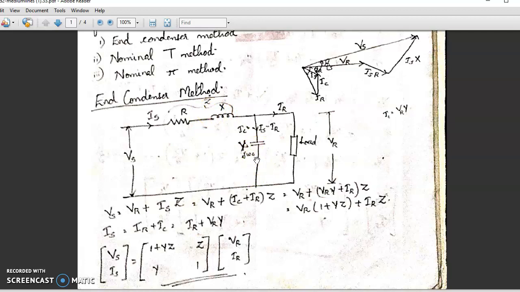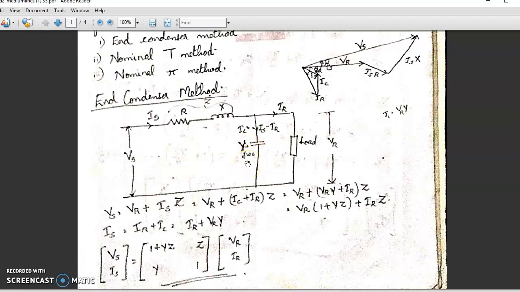Actually, it is 1 by Xc, where Xc is the capacitive reactance. So we normally take the reciprocal of the capacitive reactance, and therefore we get the admittance Y.